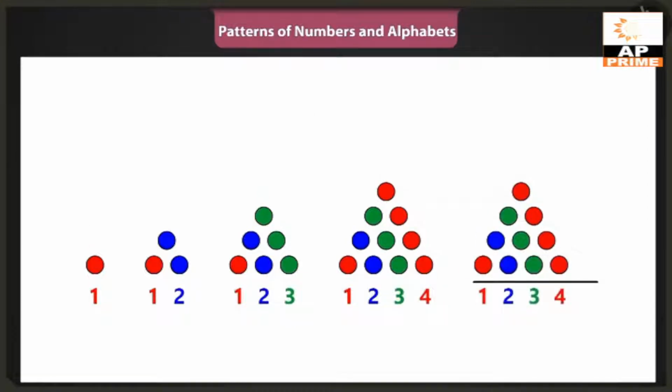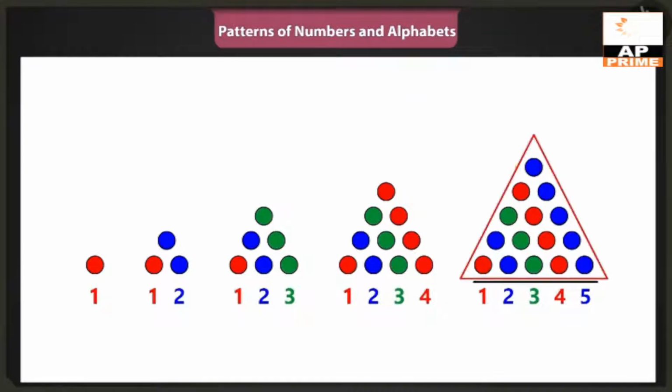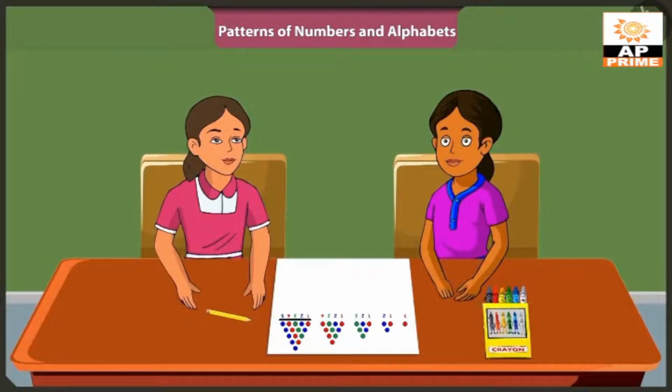Therefore, at this fifth position, after 4, we will write 5. And we will place 5 blue dots after 4 red dots in such a manner that they make a triangle. Well said! Yes, so Vinny, in this manner, this is the number pattern.